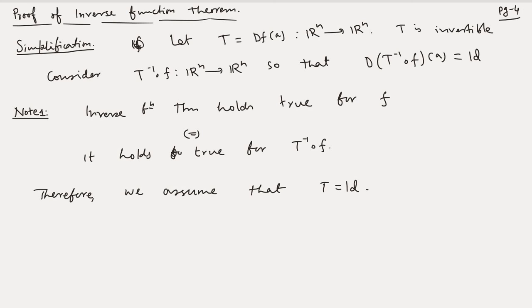Now second step is finding. So this is step 1, simplification, and step 2, finding open neighborhoods U and W. So U is an open neighborhood of little a, and W is an open neighborhood of f of little a, such that f of U equal to W, and the restriction function f restricted on U from U to W is invertible.